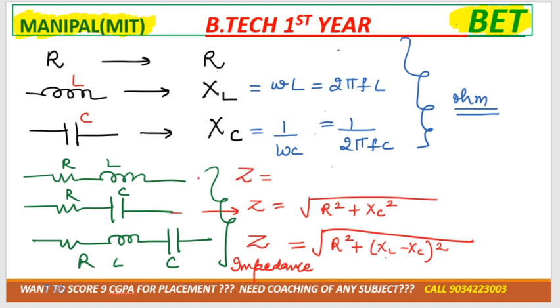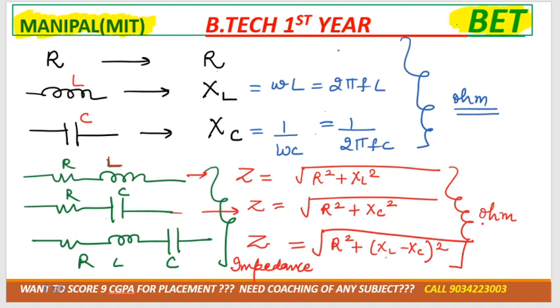Similarly, for the case of RL, Z would be equal to the square root of R square plus XL square. Okay, and their unit is also ohm.